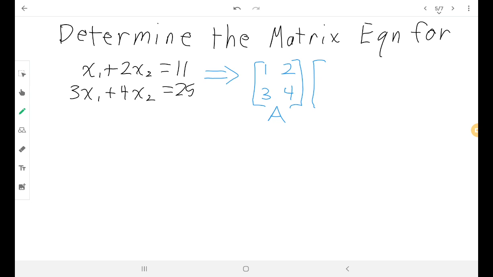So A times matrix X, and matrix X in this case will be X1, X2, or it might be X and Y, that sort of thing.